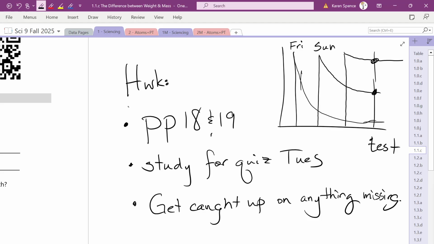Non-matter. Observation. Placebo. Prediction. Did I star the right one? You did. And spring scale and weight.